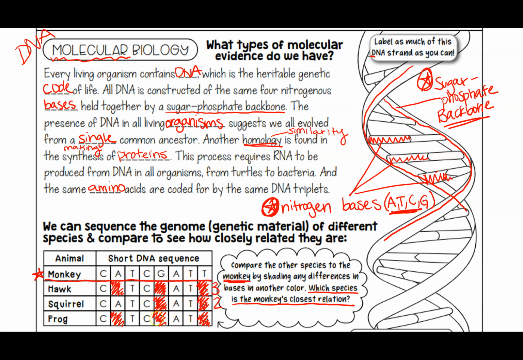And the frog has 1, 2, 3 differences from the monkey. So, which one has the fewest differences? My squirrel. The one that is most similar or has the fewest differences is the closest relation. So, the squirrel.